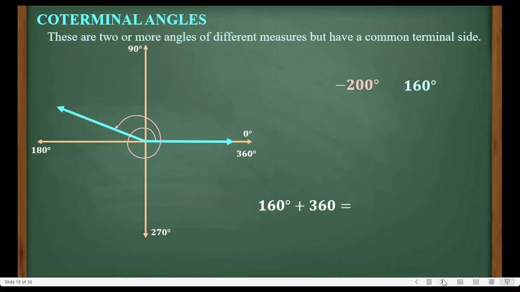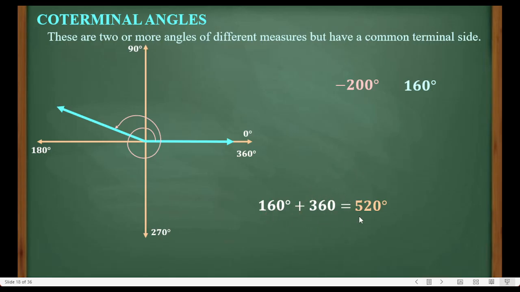So we simply consider the first measure, 160 degrees, and we add 360 degrees and the result is 520 degrees. So basically, we consider 160 degrees and from this position, we rotate by 360 degrees, like this. That is why this result came out.